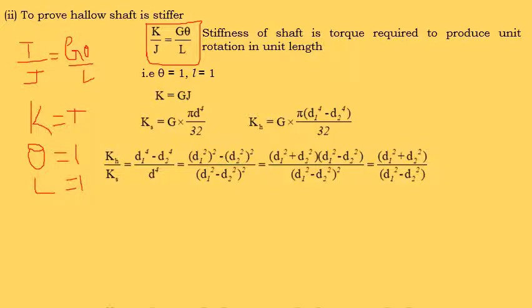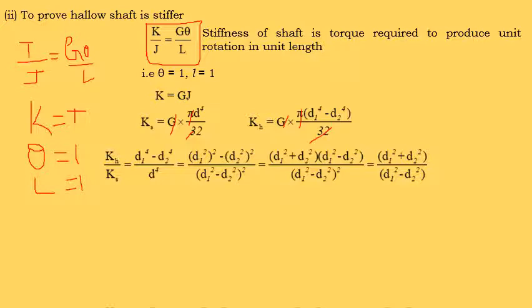Therefore G and pi by 32 get cancelled, and the remaining terms are (d1⁴ − d2⁴) divided by d⁴. This d1⁴ can be written as (d1²) whole square, and d2⁴ can be written as (d2²) whole square, and d⁴ can also be written as (d1² − d2²) whole square.